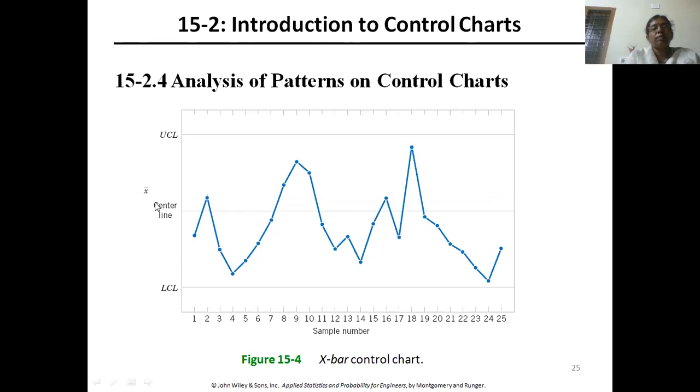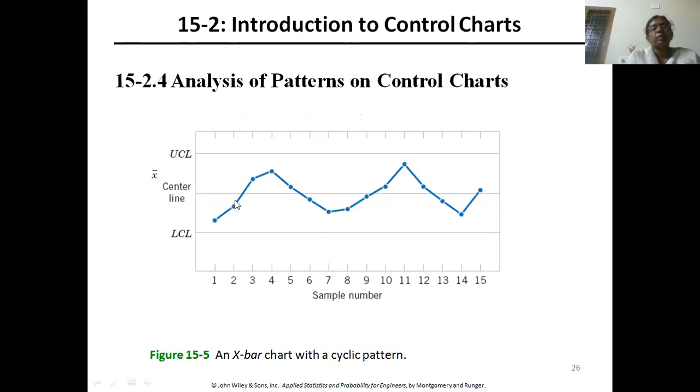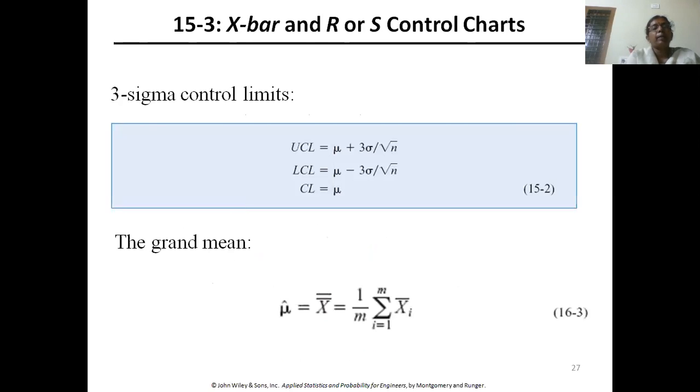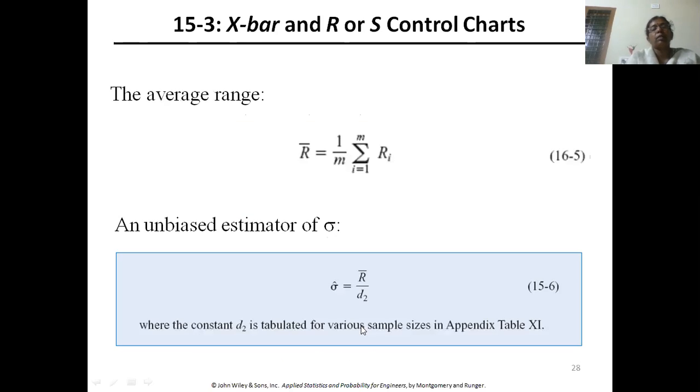See here, the same way. The 3 sigma control limits for the x bar chart are UCL equal to mu plus 3 sigma by root n, LCL is mu minus 3 sigma by root n, and CL is mu, where mu is calculated using the formula mu cap equal to x double bar equal to 1 by n summation x bar i.